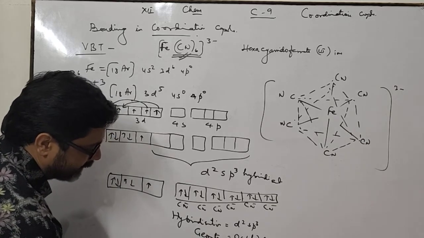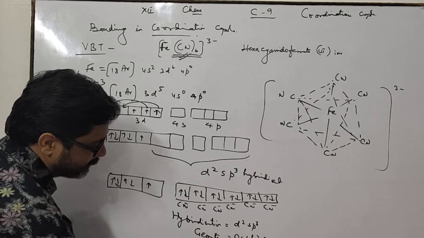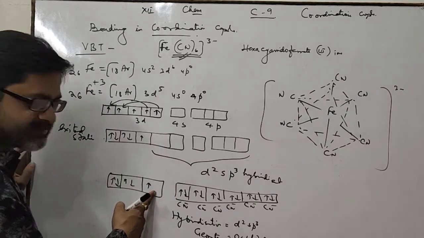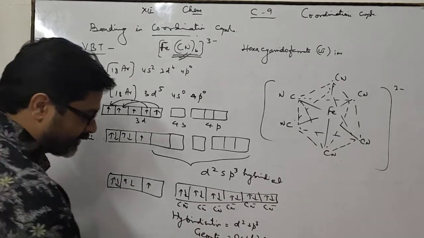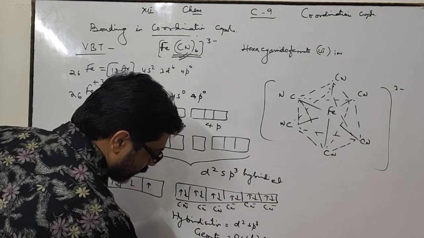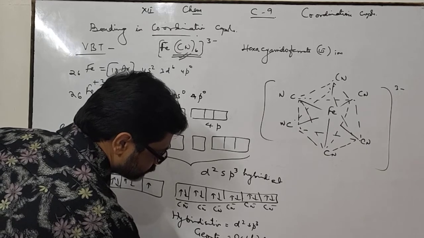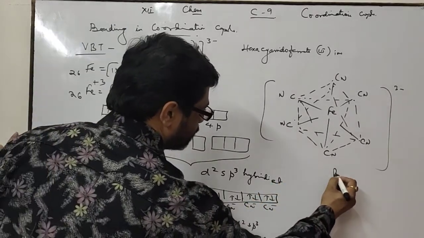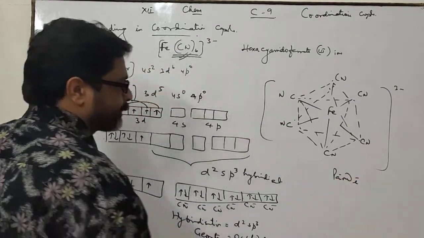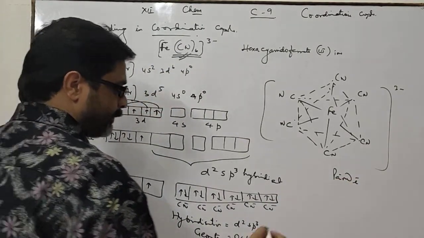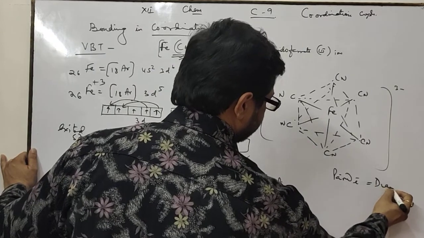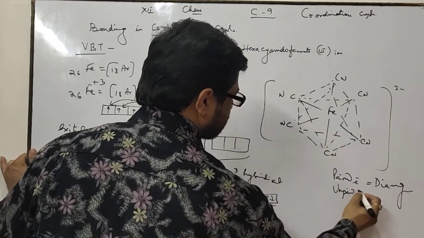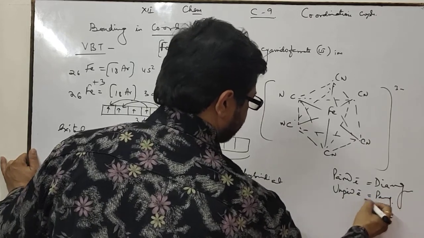And what is the magnetic nature? To find the magnetic nature, you see here 1 unpaired electron is present, hence the magnetic nature will be paramagnetic. You know that if all electrons are paired, then it will be diamagnetic, and if unpaired electrons are present, then it will be paramagnetic.